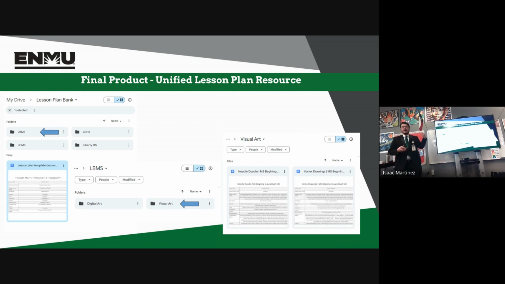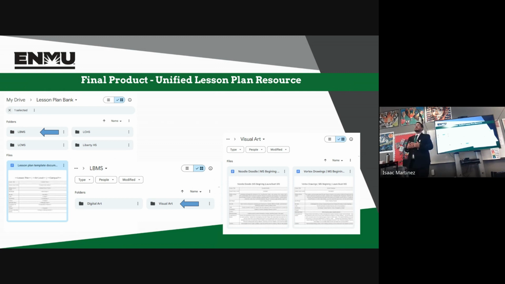Being able to access this information just with a couple simple clicks will, again, just make things a little bit more efficient, be able to have information shared between teachers without having that constant clutter of a Google Drive, and then being able to just share that knowledge with other teachers.